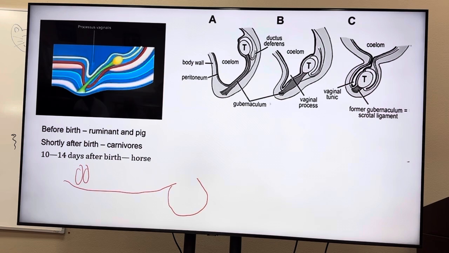So we have this structure called the gubernaculum. The gubernaculum is an embryonic structure that attaches these testicles to the scrotum. It shortens with time as the animal continues to grow. And this inguinal canal here also continues to shrink.